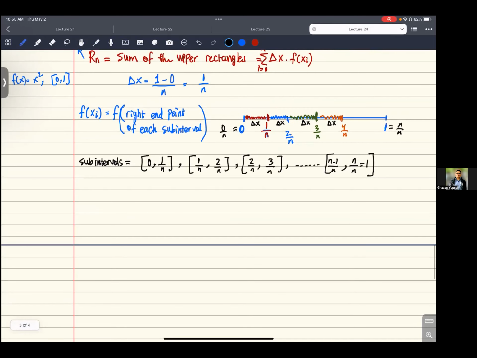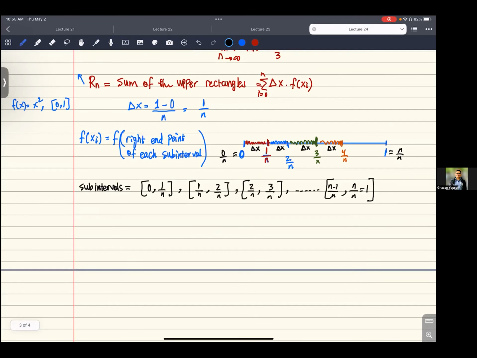Now my question is finding the height. So this is the width, correct? Now the height is the same as f of the right endpoint. So it's f of 1 over n. What is f of 1 over n? Plug it inside f of x equals x squared. What is the value? 1 over n squared. Exactly.